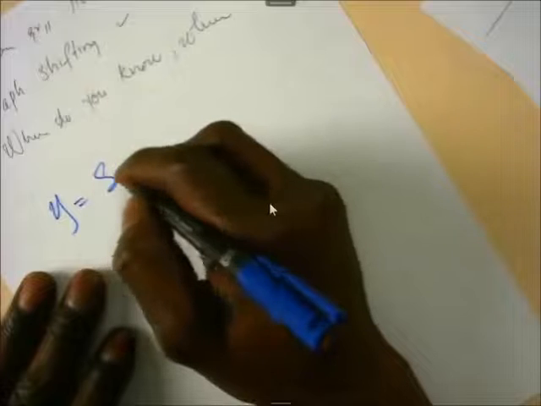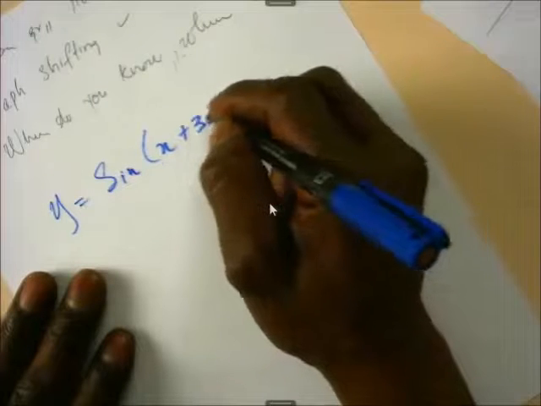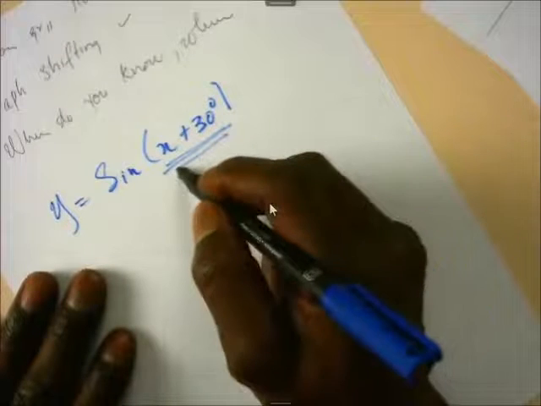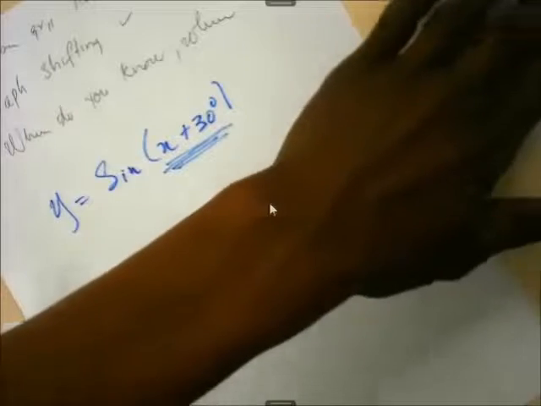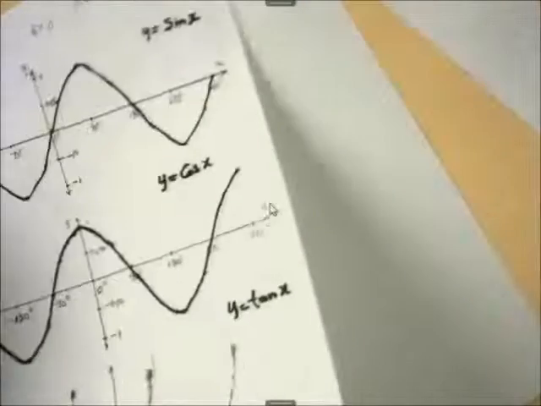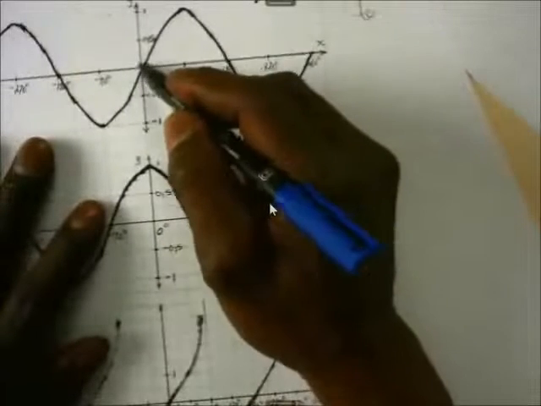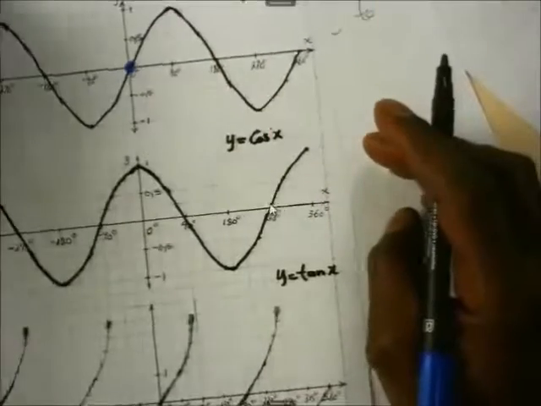Suppose you are having the graph of y is equal to sine of (x plus 30 degrees). Now, we are saying, when will this bracket be 0? Why are we referring to 0? We are actually tracing this point here. What will happen to this point if there are some changes?